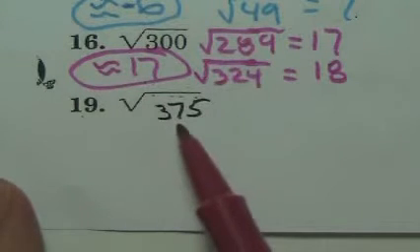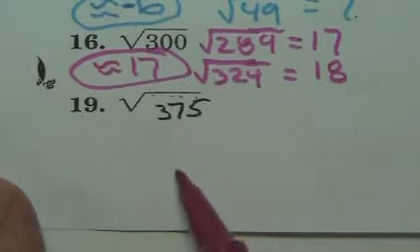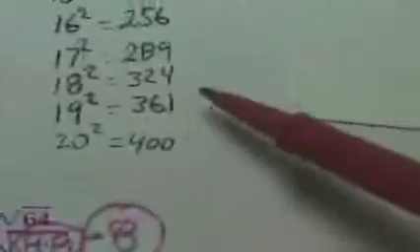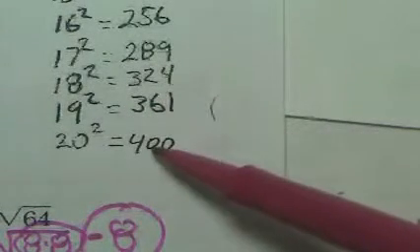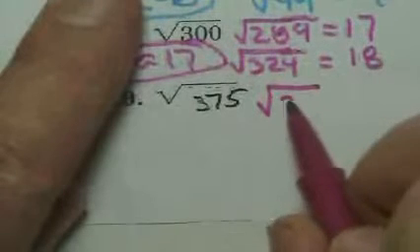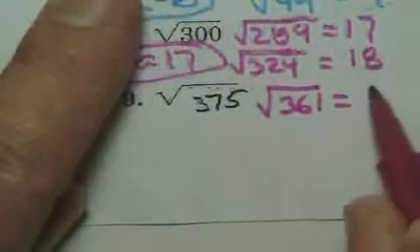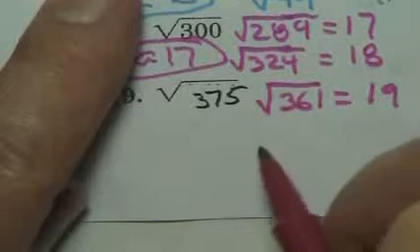Okay, 375, I have to look at our chart. Looking at our chart, I have 19 times 19, that's 361. And then I have 20 times 20 is 400. Square root of 361 is 19.